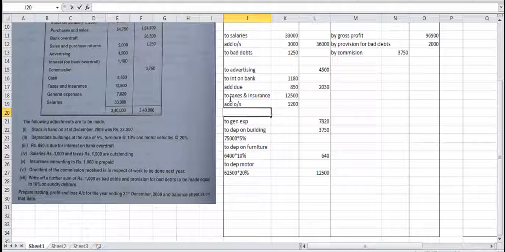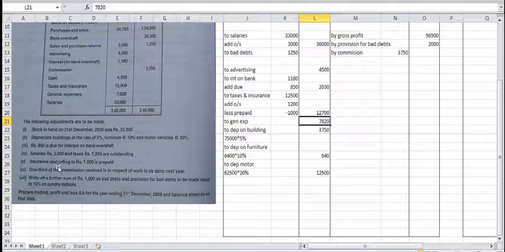Prepaid means already paid, so less prepaid. 13,700 minus 1,000 is the answer, 12,700. This is the amount.